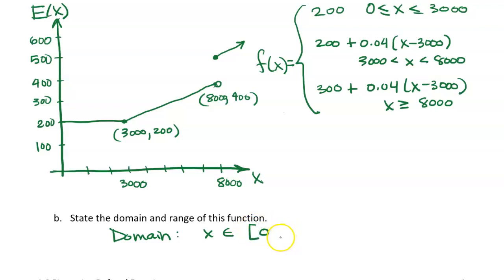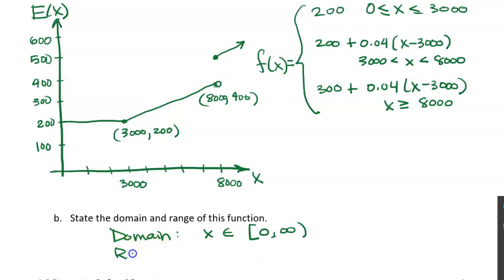And I'm going to include 0 because she could sell nothing. She has a really bad week, right? She comes to work every day, but she doesn't sell any appliances. So that's a possibility. But there's no upper limit on how much she can sell. So I'm just going to say infinity. It can go as high as we want. We don't really have an upper limit.